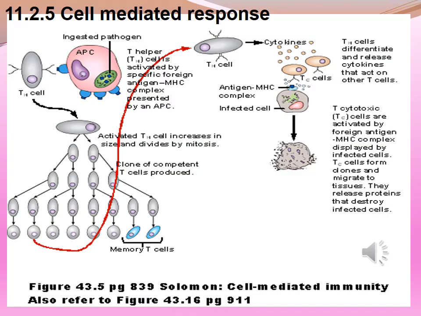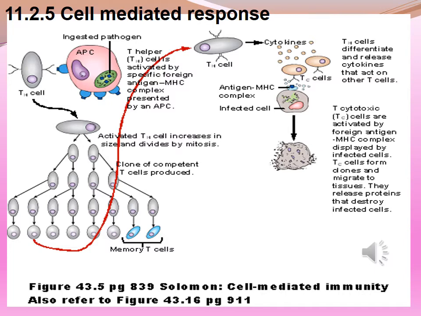Alright, next we're going to describe and discuss the cell-mediated response using a figure taken from Solomon Biology textbook. TH cells are activated by the foreign antigen MHC class II antigen complex displayed on the surface of APCs.